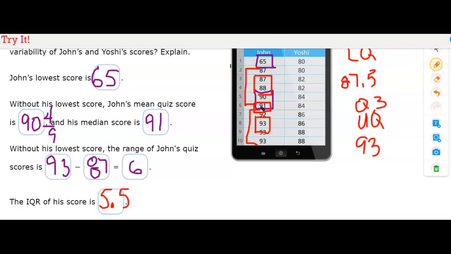And Yoshi might choose her IQR instead of her median, because her median would be in the 80s, but her IQR is saying that the spread of her grades is only a difference of about 5 points. So that represents her grades in a positive way. So that's why they would choose one or the other, or how it would affect their choices.